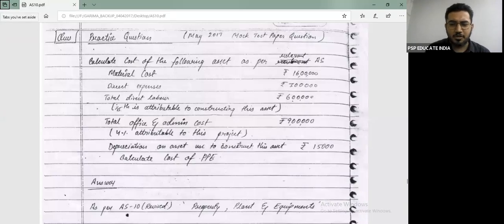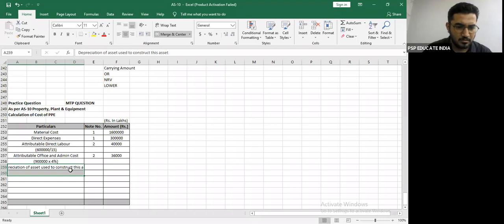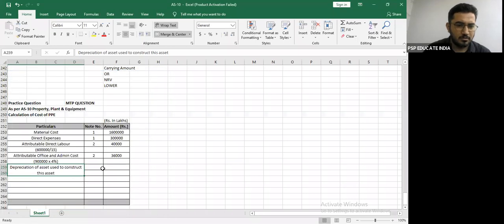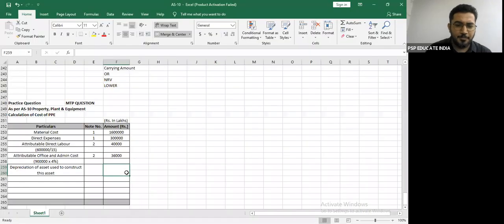Depreciation on asset used to construct this asset, your depreciation is 15,000.